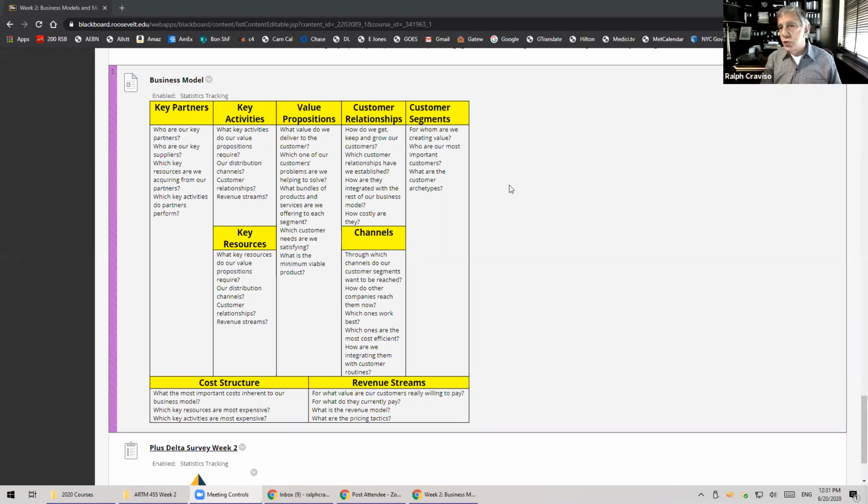What is your cost structure? What are your expenses? And we'll spend some time talking about the revenue streams for a performing arts organization coming up. I believe that's next week. But the cost structure, what is essential to be done? What does it cost? What do you have to purchase?